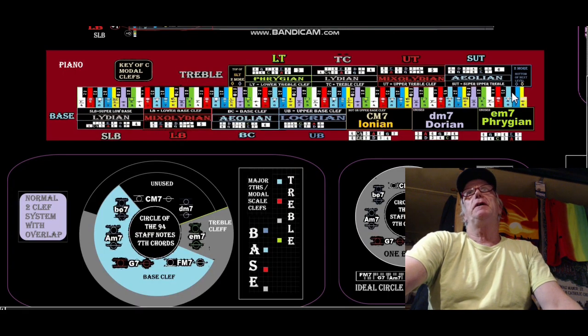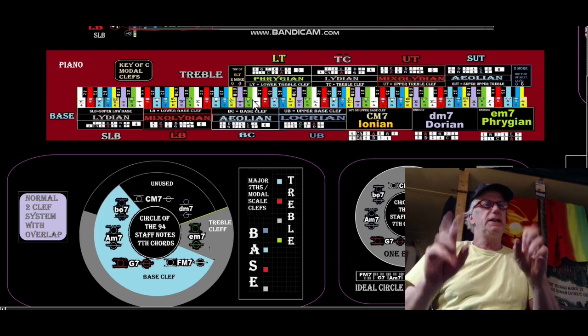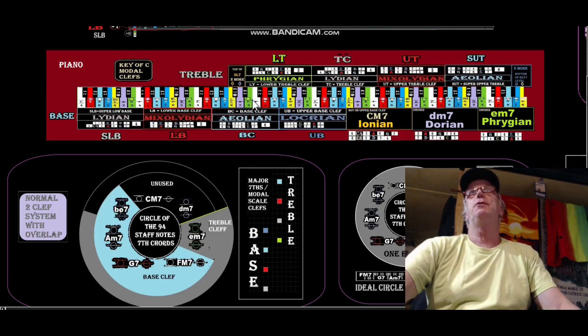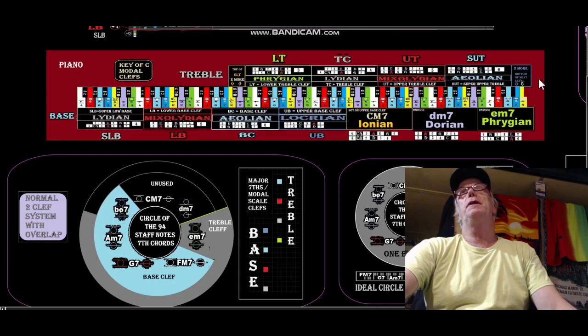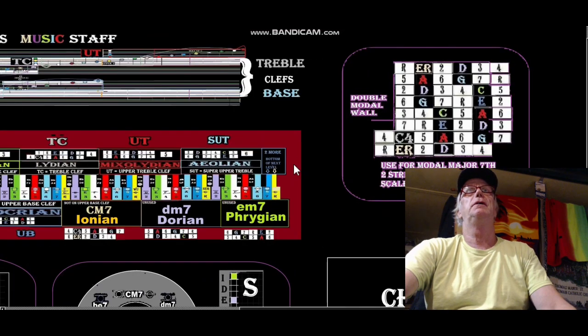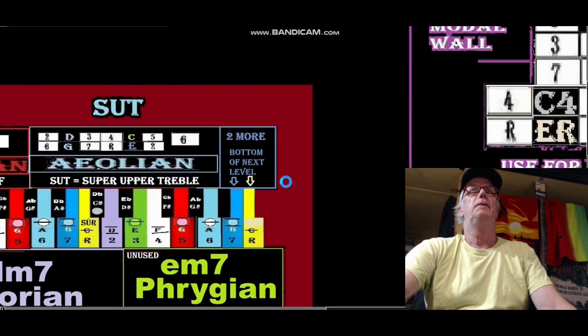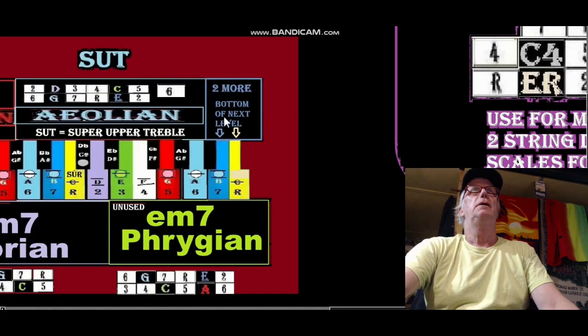So we have all 88 keys, but it's really 92 or 94. I've gone ahead and I've even drawn this. Two more, bottom of next level.